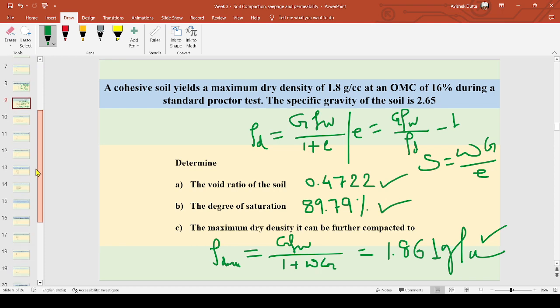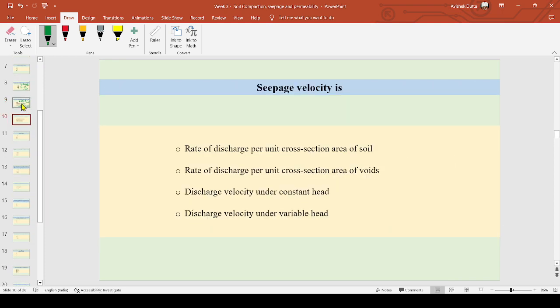Okay, so compaction is done. Now we go to the seepage and permeability part. Seepage velocity is, what is the definition of velocity? Anyone? What is seepage velocity? Okay, no answer.